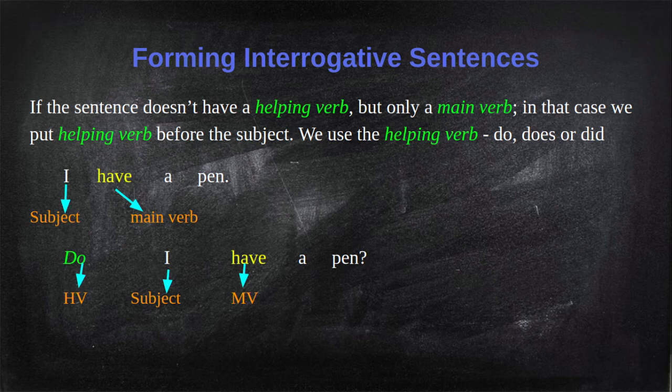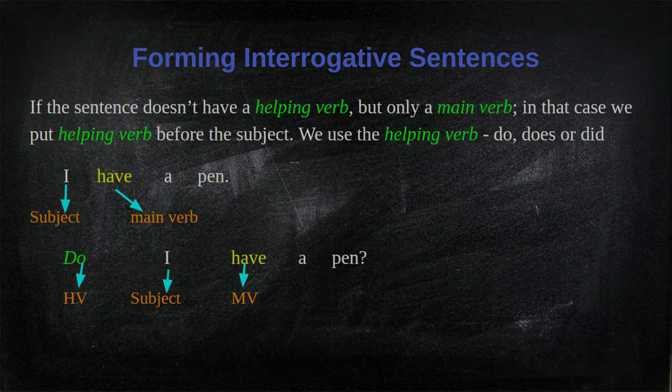Have is the main verb. To make it into interrogative, before the subject, we have to write a helping verb. So, we will use the helping verb do here. So, before I, write do. Do I have a pen?